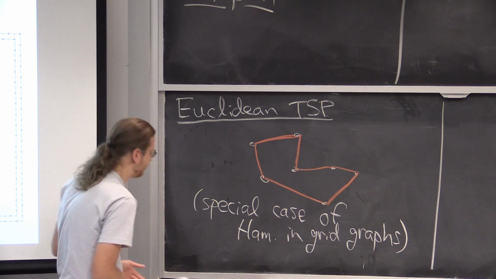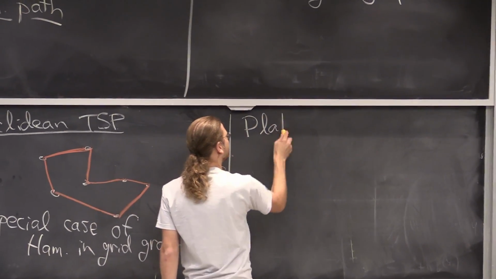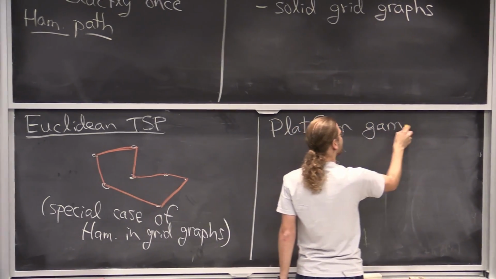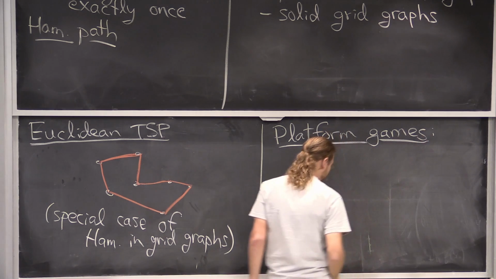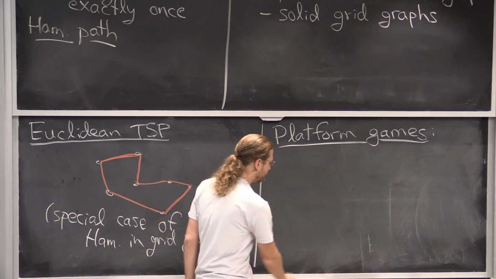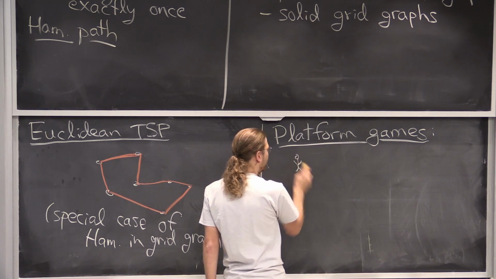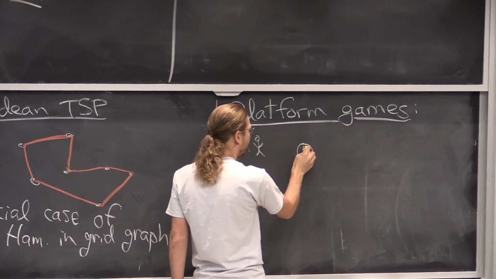I have one more at this point, which is platform games. I don't have a graphic because there are so many games that could apply here. Super Mario Brothers among them. Suppose you have a little dude who can walk around, and you've got some kind of coins. I don't know how to draw coins.